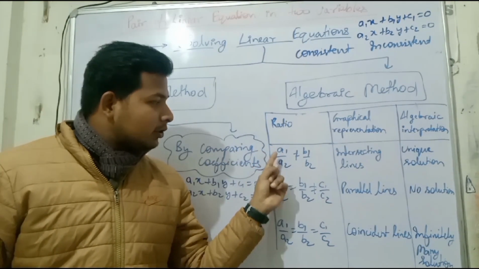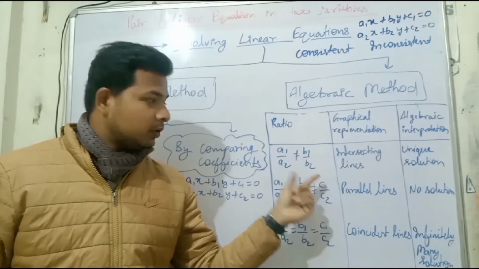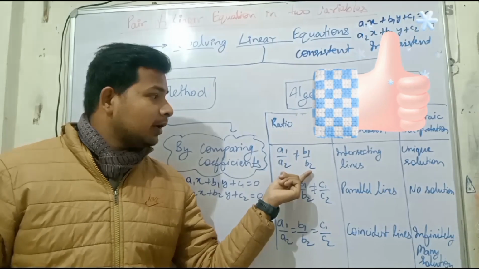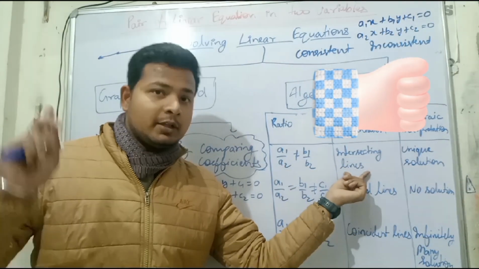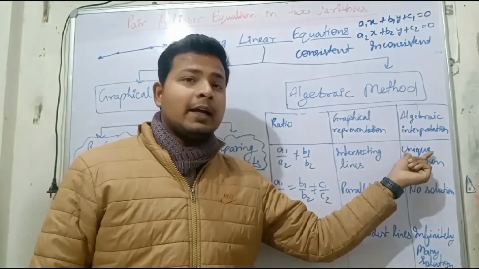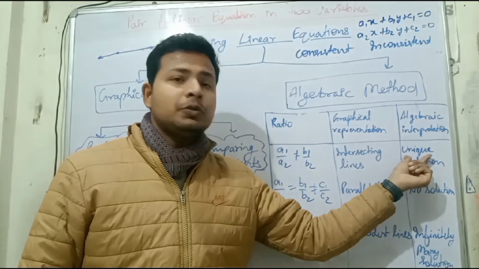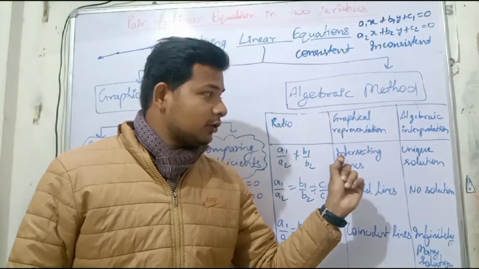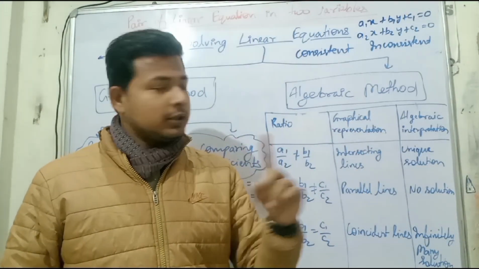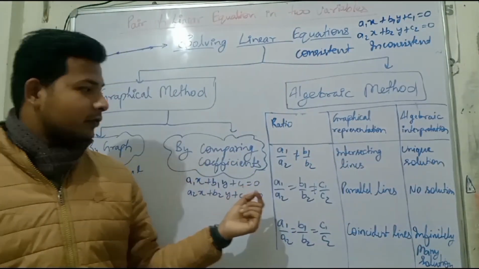If you find that the ratio of A1 to A2 is not equal to B1 to B2, at this time we can say that the lines will be intersecting, and the algebraic interpretation will be that these two lines will give you a unique solution. You have got one solution, which means they will be consistent.